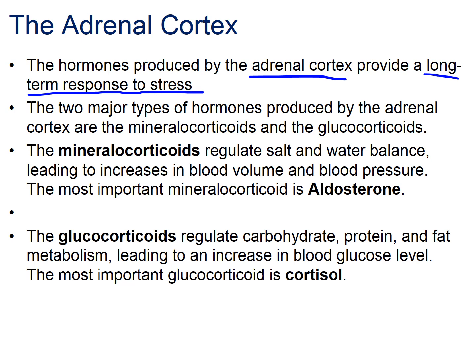So there are two types of hormones produced by the adrenal cortex. One is belonging to the category of mineralocorticoids, and the other the glucocorticoids. Mineralocorticoids are responsible for regulating salt and water balance, and you want to increase your blood volume, increase your electrolyte balance, as part of your resources.